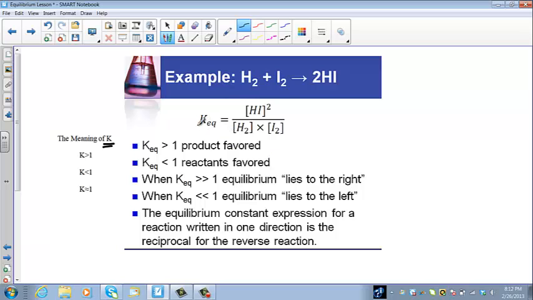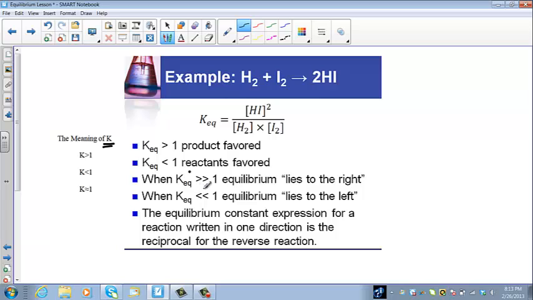Now, when we solve for the equilibrium constant, if Keq is greater than 1, that means that the product is favored. Because obviously if the concentration of HI is greater than the concentration of H2 and I2, then K will be greater than 1. If K is less than 1, that means that the reactants are favored.